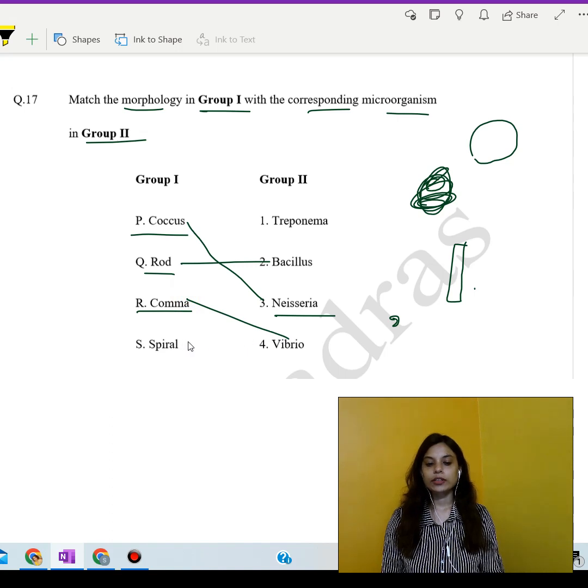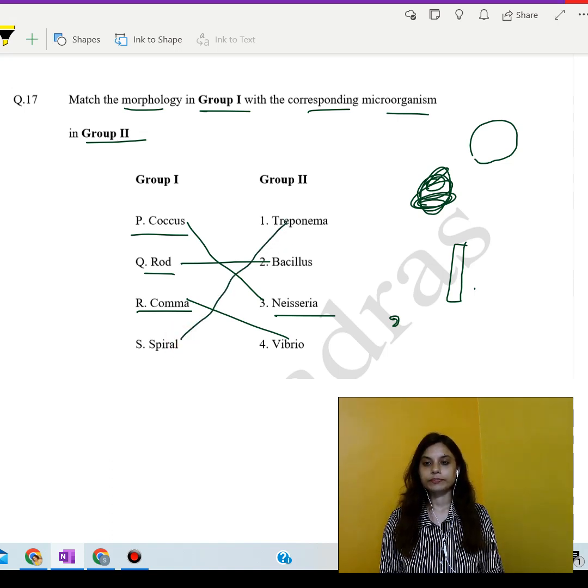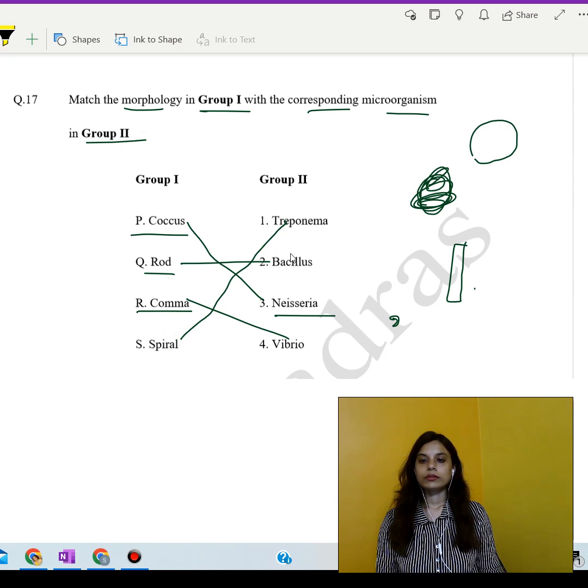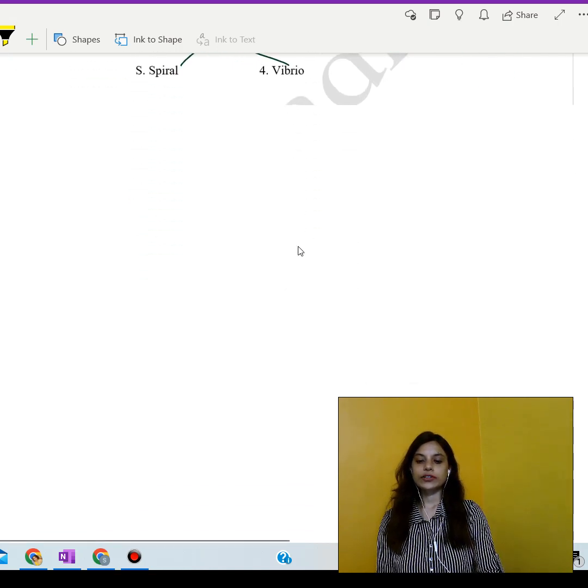Next is spiral. Spiral is again a spiral-shaped bacterium, and the matching microorganism is Treponema. Okay, Treponema. Let's move over to the next question.